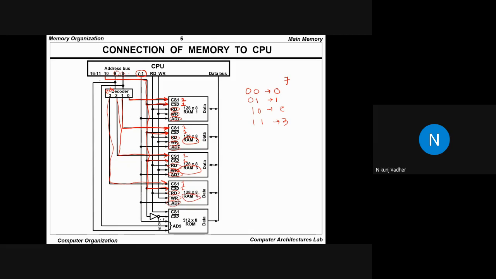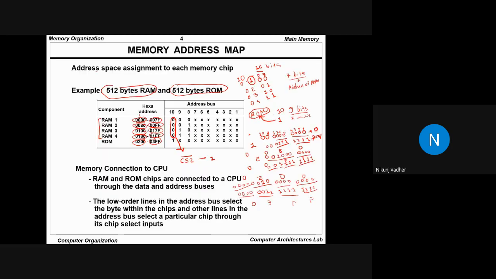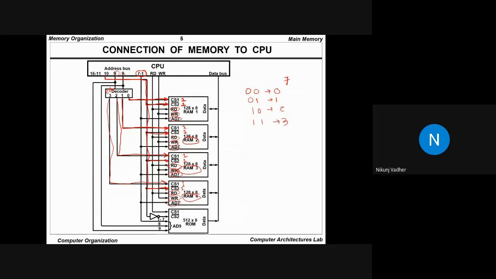Now, if the value of bit number 10 is 1, which is the case when we select the ROM chip, then the value of CS2 will be 0 in all RAM chips, so none of the RAM chips will be selected.